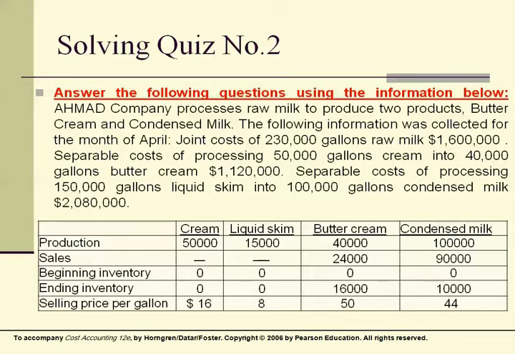Beginning inventory 0. Ending inventory for butter cream 16,000, for condensed milk 10,000. Selling price per gallon: $16 for cream, $8 for liquid skim, $50 for butter cream and $44 for condensed milk.